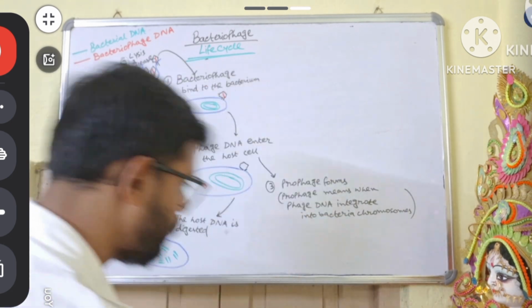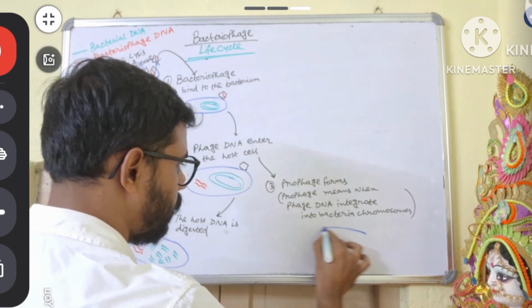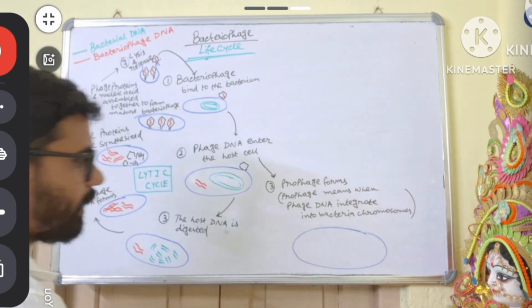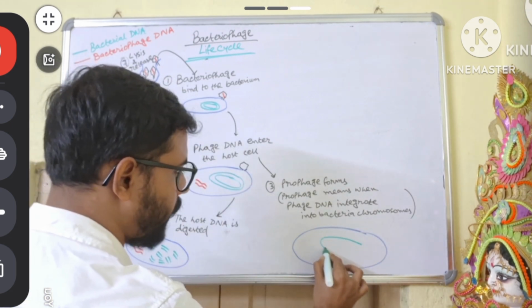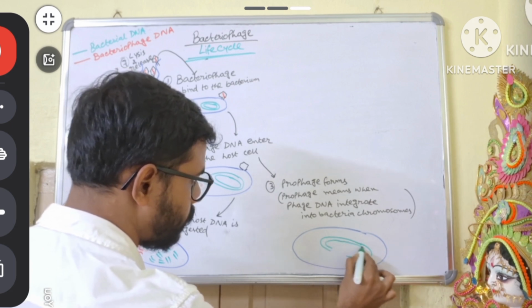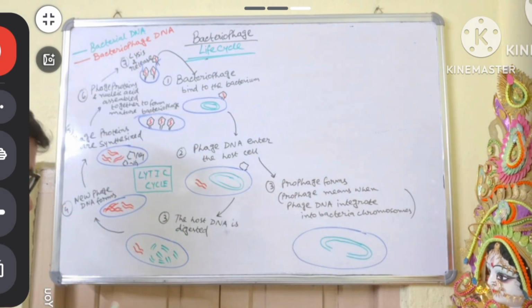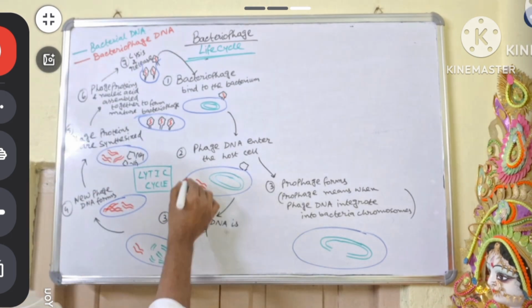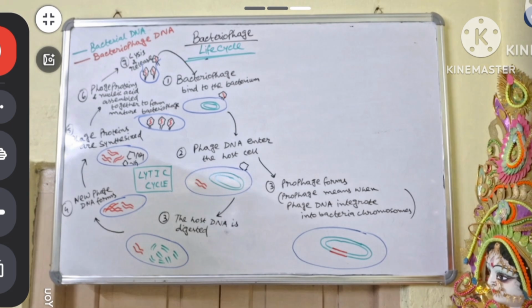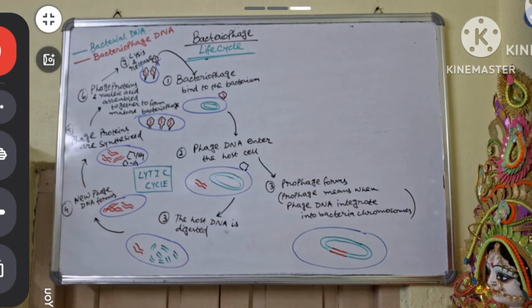That means, let's look at the structure now. Bacterial DNA is totally intact, but the bacteriophage red color DNA is now integrated into the host chromosome, host DNA.